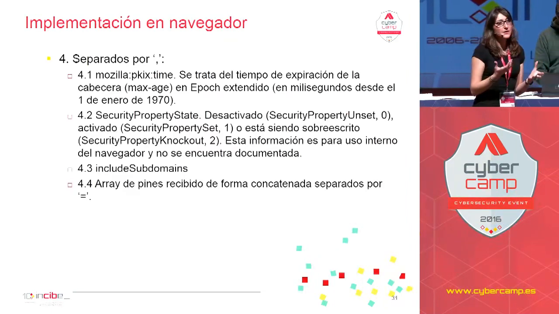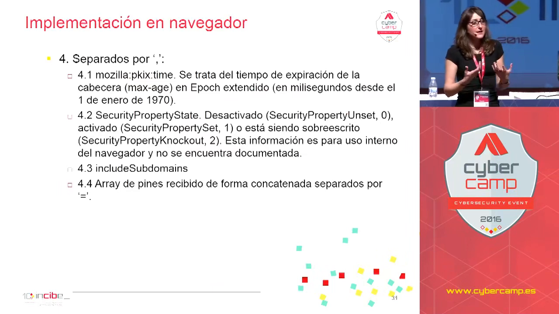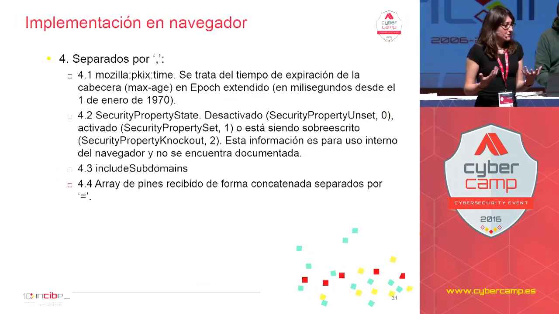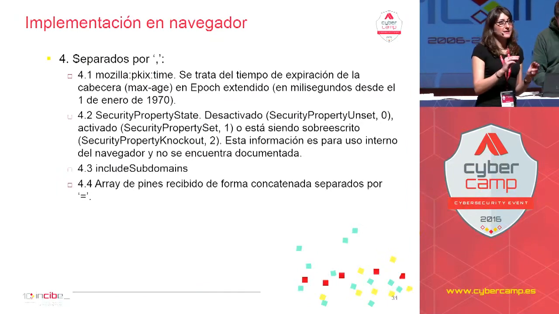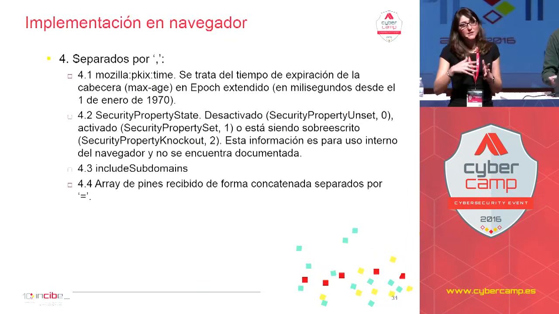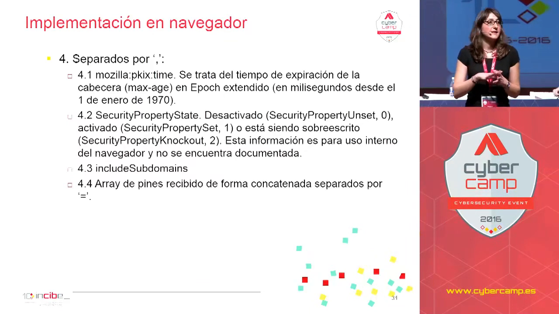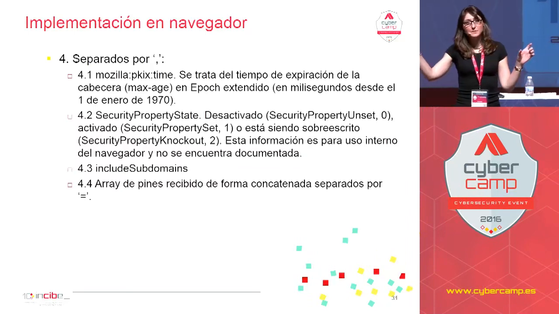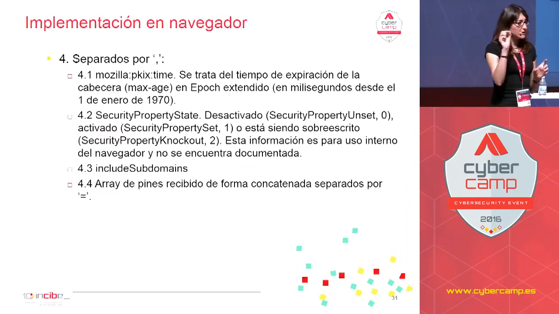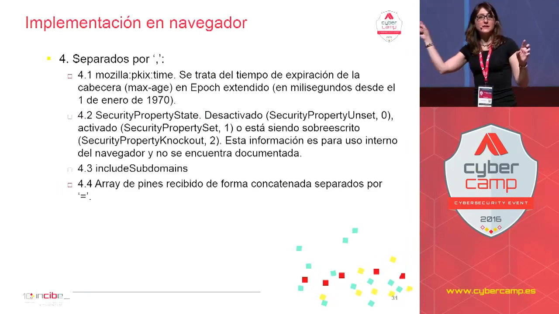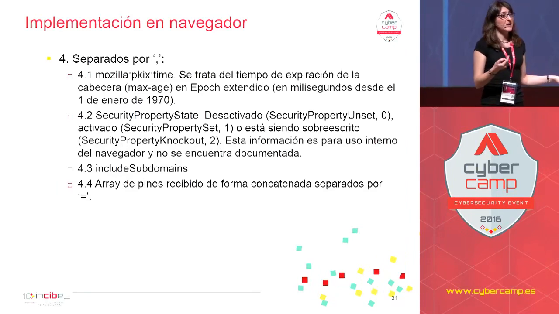And besides that, there's state for Firefox. There's another value that is something they use internally. It's not been documented, and we don't really know what it is for, but it is clear that it has three different states: on, off, or overwritten. And you can also say if you want to include subdomains. And then we have the array of all the pins that refer to the domain and that are separated with an equal sign. So this is the first pin, and this is the second.